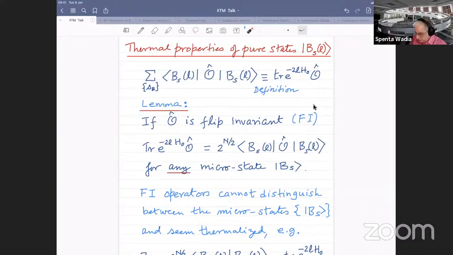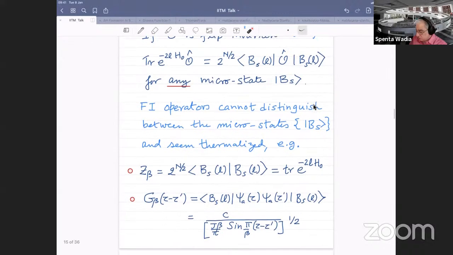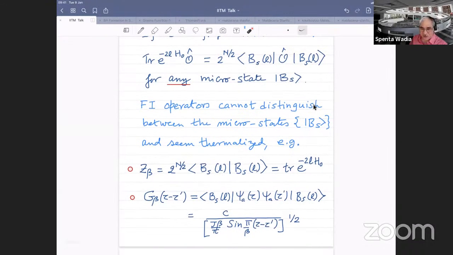And therefore this thermal partition function can be evaluated as an expectation value in a pure state, for any microstate B_S. Now, flip invariant operators cannot distinguish between microstates. That's the point. So if you want to see microstates, you have to turn on operators which violate this symmetry.